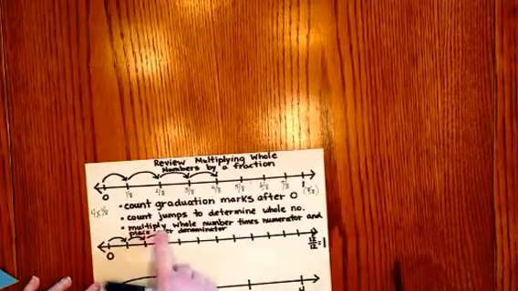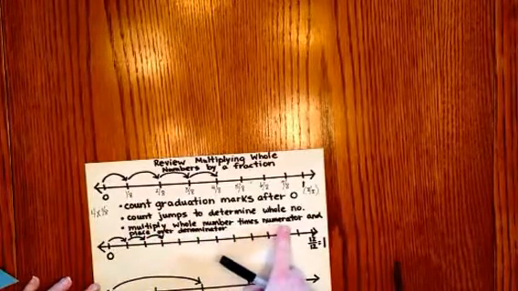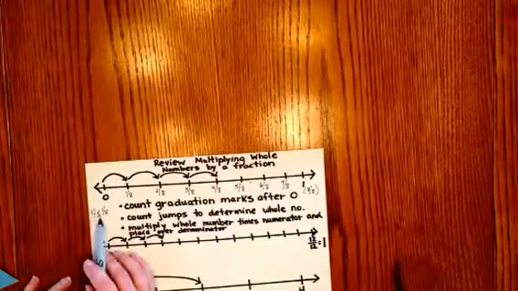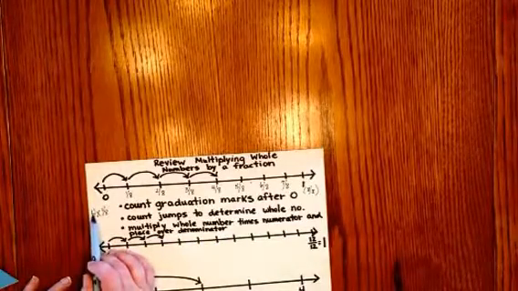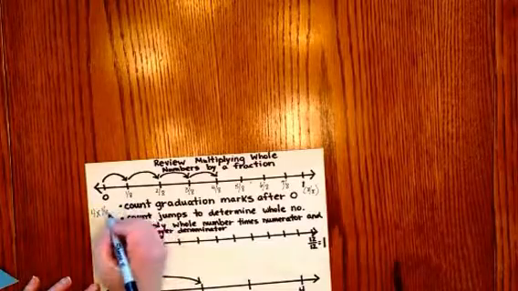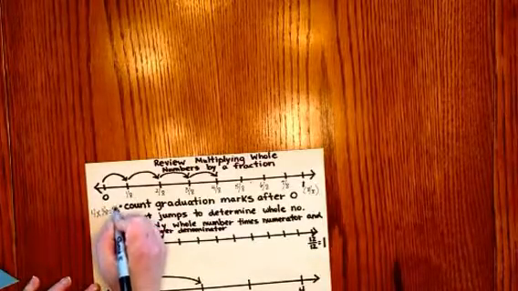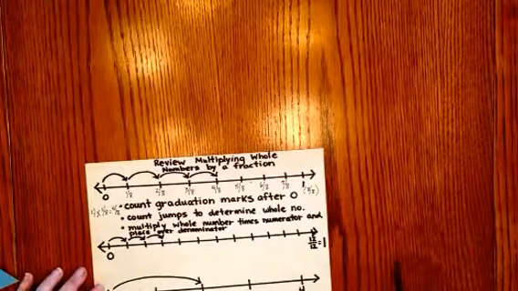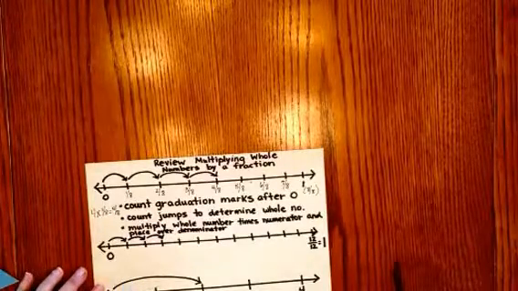Okay, so we're going to multiply the whole number times the numerator and place over the denominator. So when we multiply 4 times 1/8, we're only going to multiply the 4 and the 1. So my answer is going to be 4/8. Okay, or 1/2.